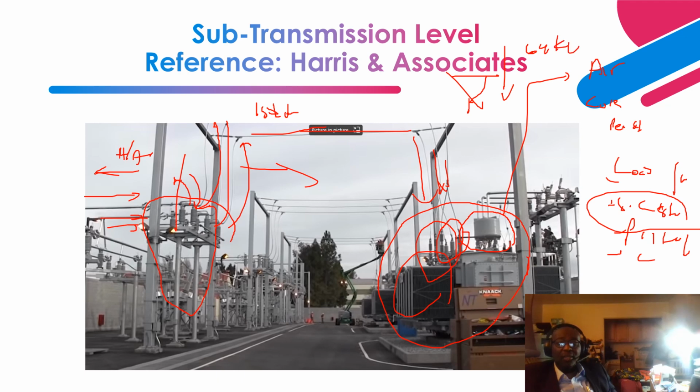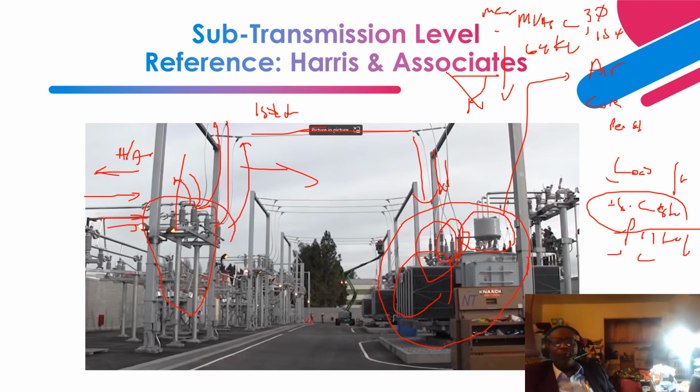It's so high. MVA short circuit is usually given in 3-phase or single phase. The utility will give you the maximum and the minimum, and it can also be given in fault current, 3-phase or single phase.